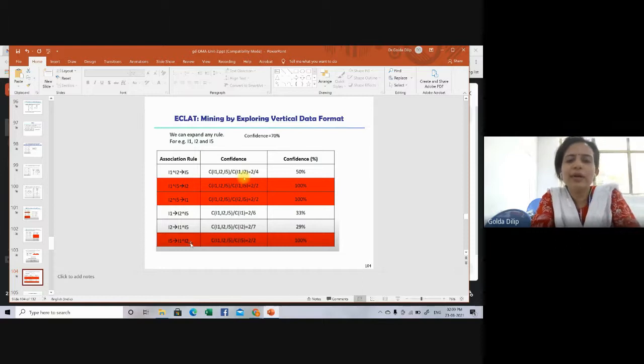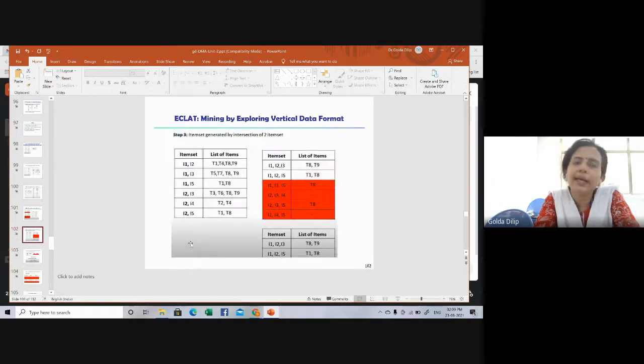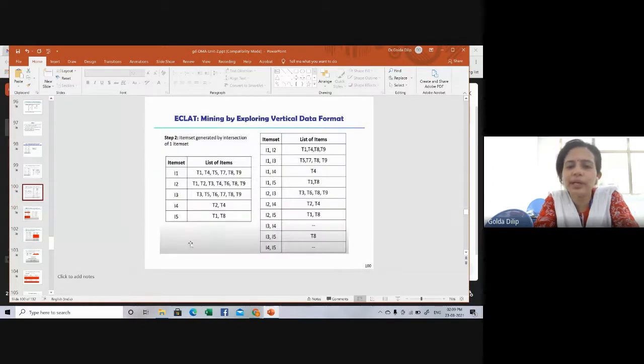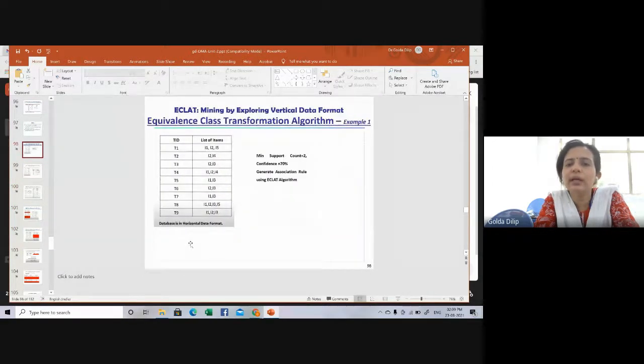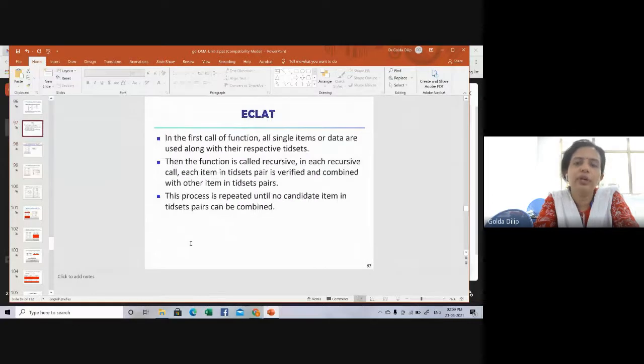So that's what your ECLAT algorithm is all about, mining by exploring the vertical data format. The point to be noted is ECLAT cannot work on horizontal data formats. You need to convert the data into vertical data format, and only then can you work on it. In the first call of the function, all the single items are used along with their respective transaction ID sets.